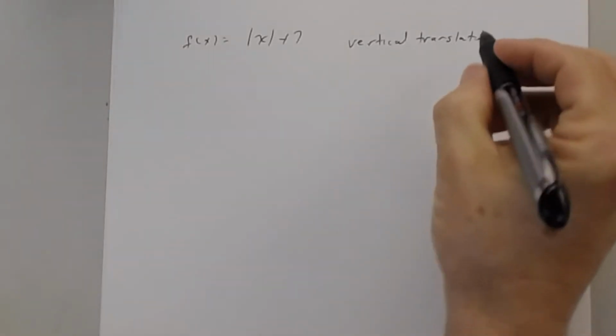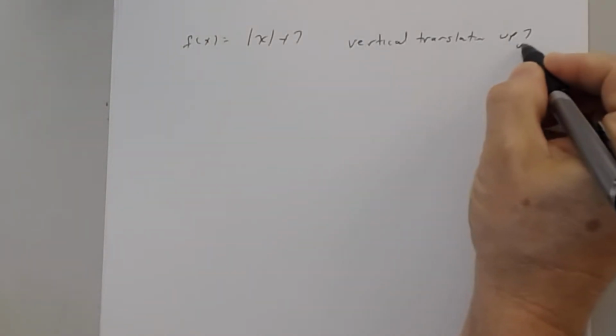All right, now am I going to take the parent function and go up 7 or down 7? Up 7. Okay, so now the next thing you do is determine the vertex. What's the vertex?